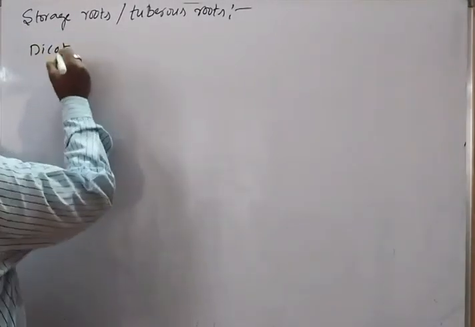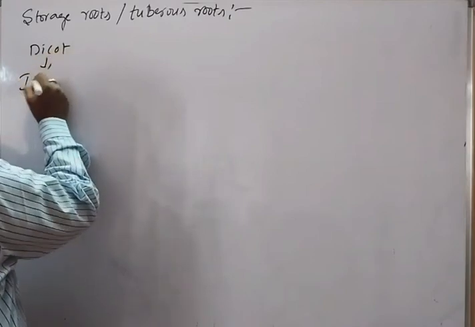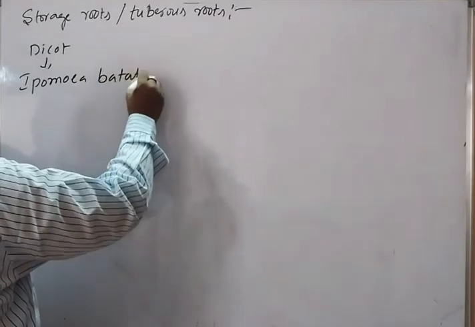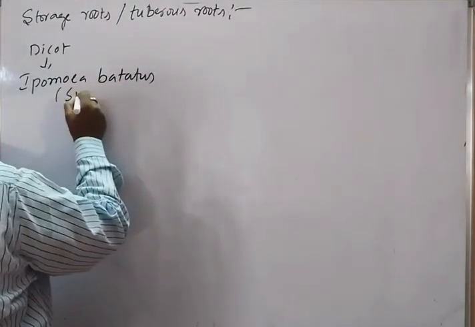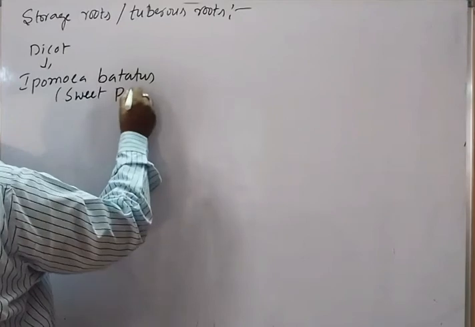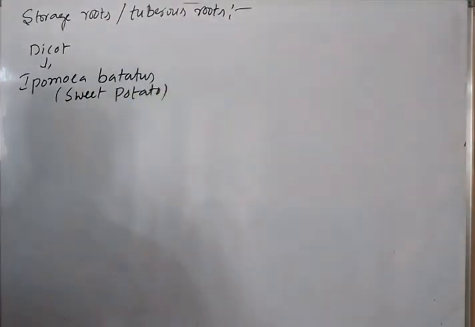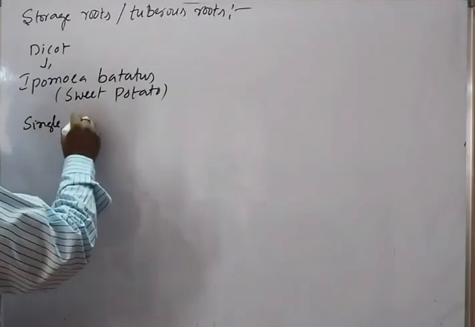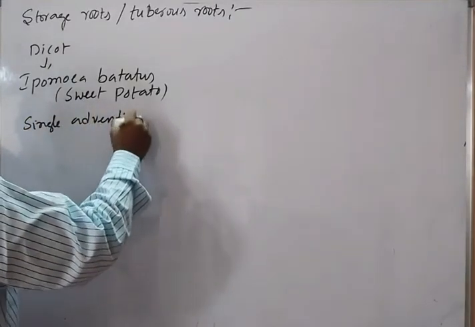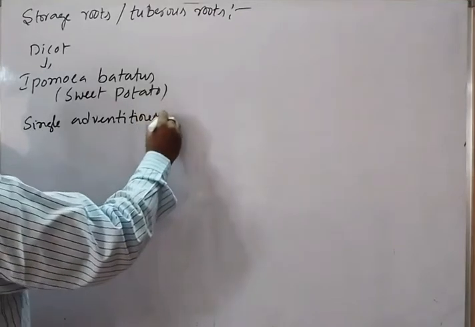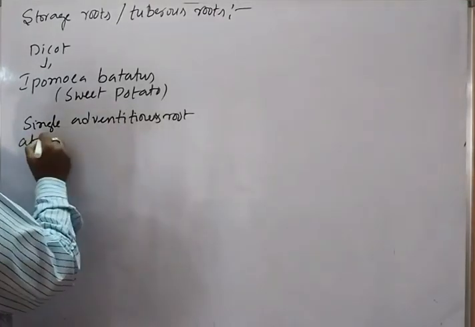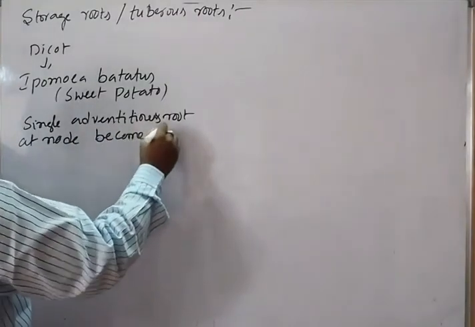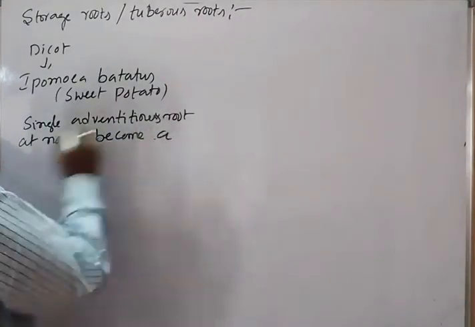Another dicot is Ipomoea batatas, the sweet potato. Here, a single adventitious root at each node becomes a tuberous root.